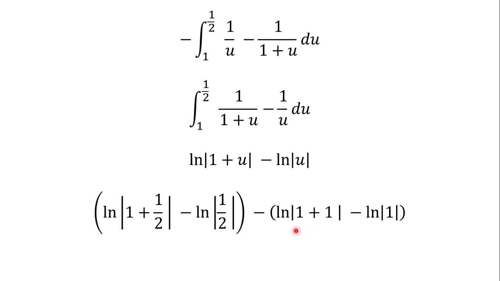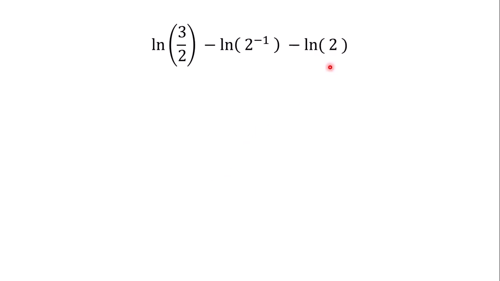So when we open the bracket, we are going to get natural log of 3 over 2 minus natural log 2 raised to the power minus 1 minus natural log of 2. The absolute value has changed to bracket because we now know it is positive, so there's no need for us to maintain the absolute value sign on it again. Okay, all right.